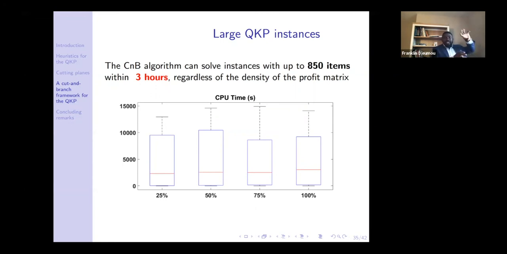So of course, by using this new heuristic algorithm and by studying the structure of the cutting planes with the problem and in what way they can be useful, we can come up with an even much stronger algorithm.